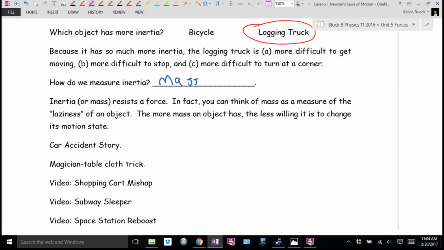Car accident story. In 1996-97, I was doing my student teaching, and on the freeway, I got rear-ended by a semi-truck just before the Burnett overpass, off-ramp. So it was stop-and-go traffic. It was during rush hour, and the person in front of me hit their brakes really quick, so I had to hit my brakes really quick, and the truck driver had just looked down to grab his coffee mug, and by the time he looked up, he'd hit me.